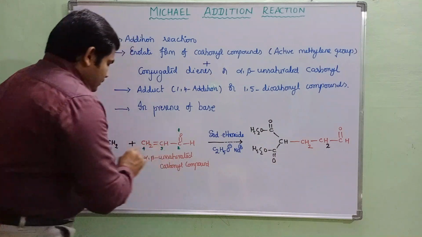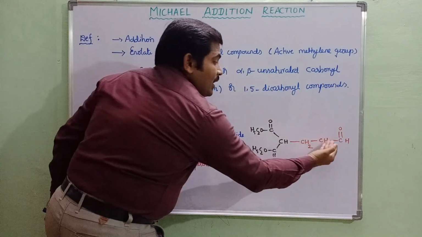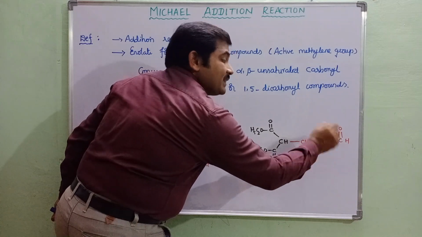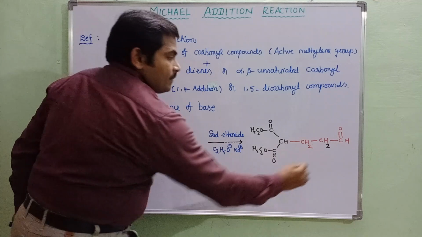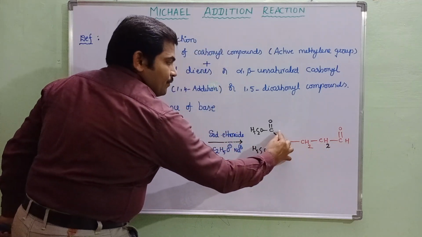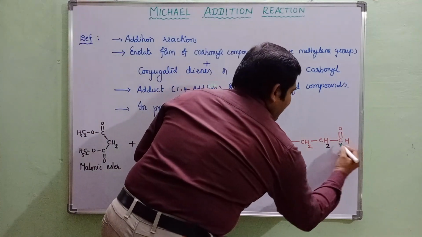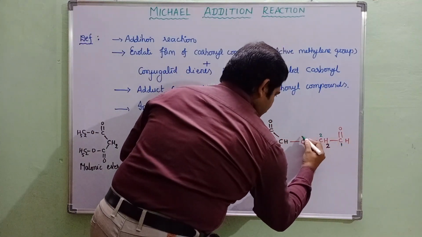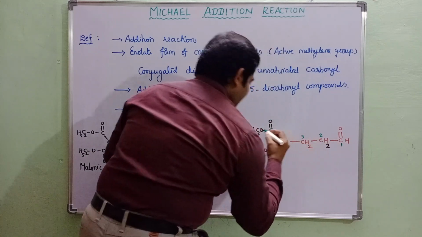The alpha hydrogen is transferred to the alpha carbon atom in the product. Okay. So this is called 1, 2, 3, 4, 5.